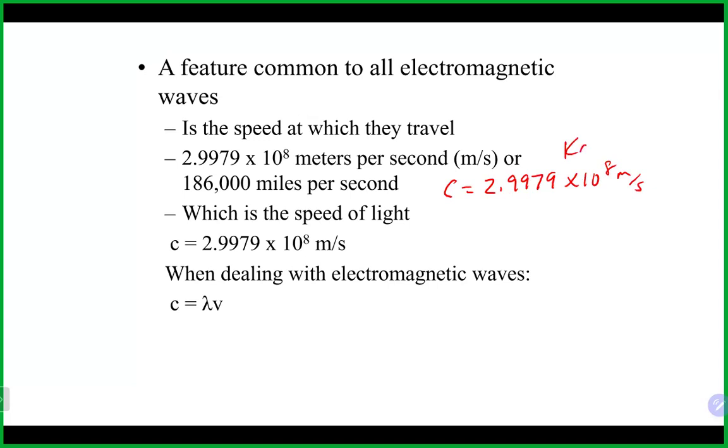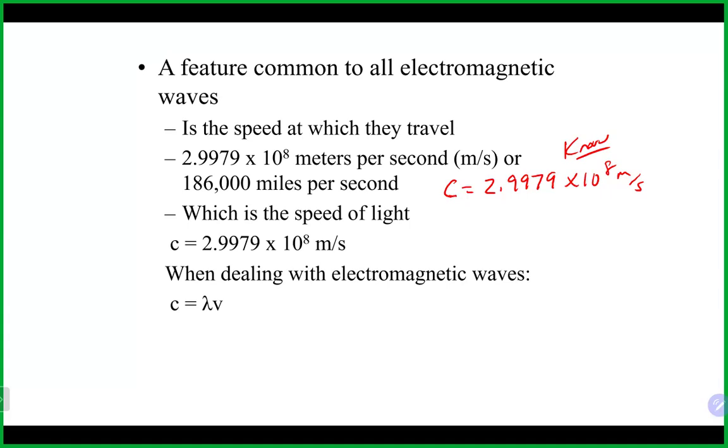So that is something you should know through your chemistry journey. A lot of times people will round that to 3 times 10 to the 8, but here they do want you to use 2.9979 times 10 to the 8 meters per second. That is c, which is the speed of light. That's about 186,000 miles per second, which is pretty fast, I would say.